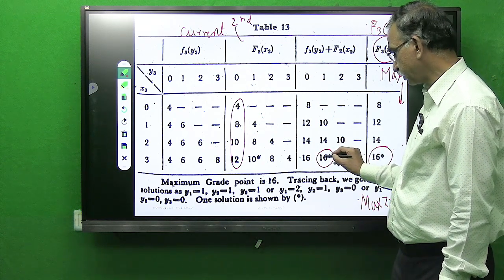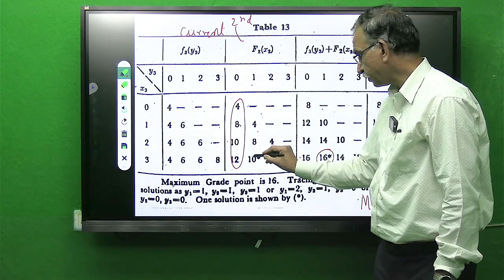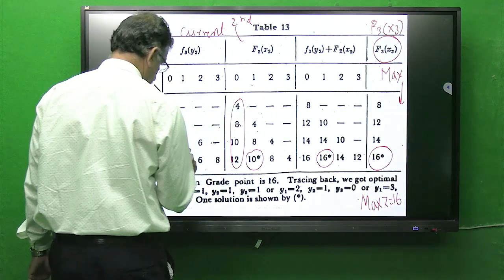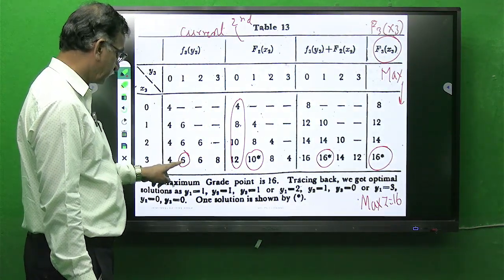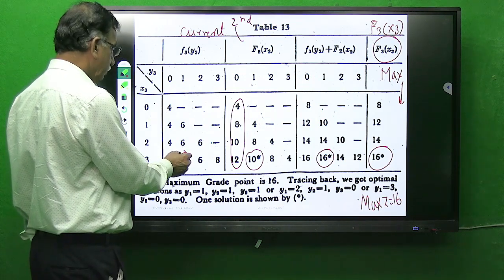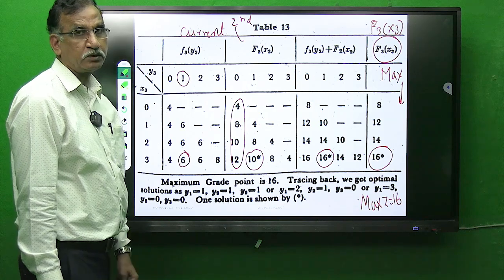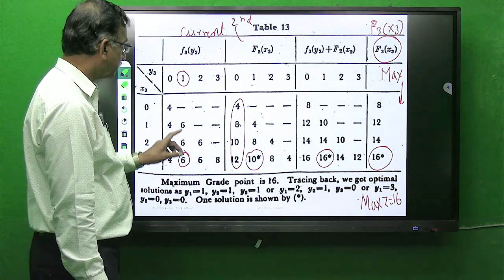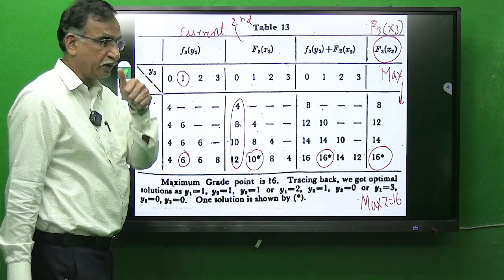So this 16 is again for this column, addition of this 10 and this 6. Now current decision is this 6, and this 6 belongs to y3 equal to 1, and y3 is principles of management. So right now what we can say is he should study principles of management for 1 day.